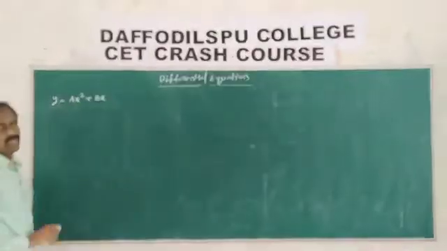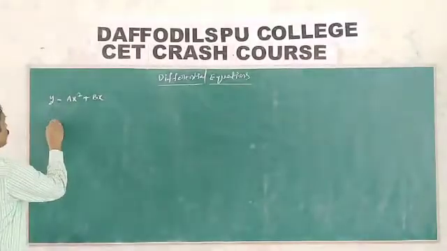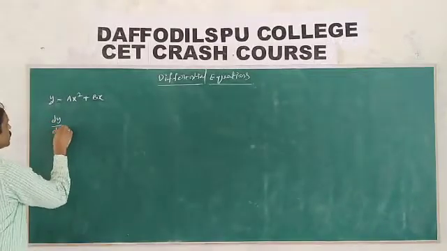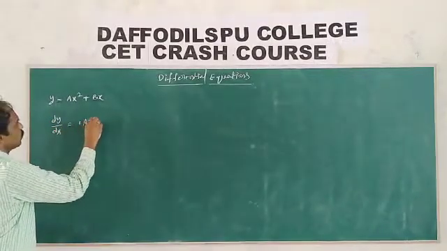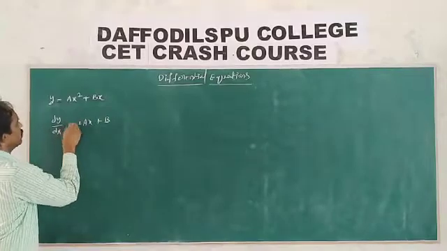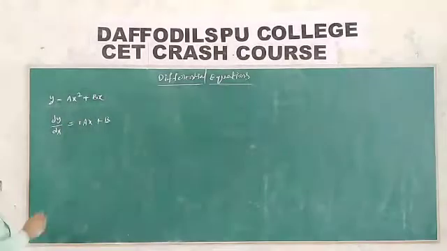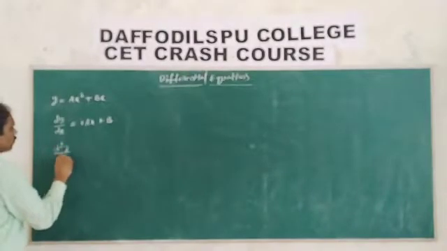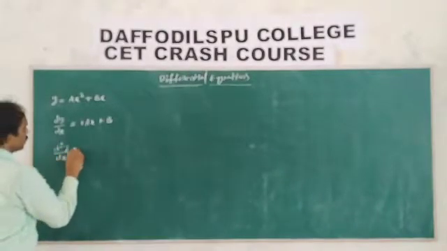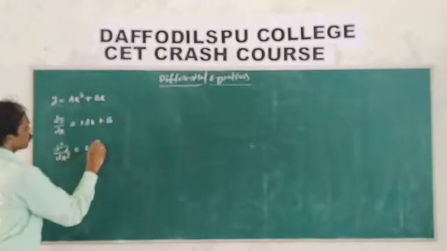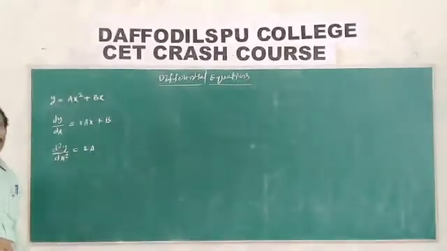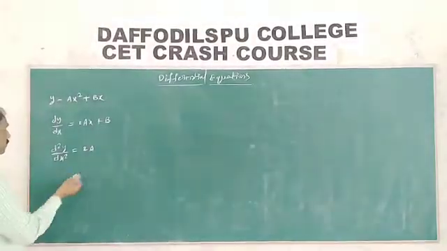To eliminate the constants, first derivative dy by dx is equal to 2ax plus b. Next, second derivative d square y by dx square is equal to 2a. One shortcut is there.